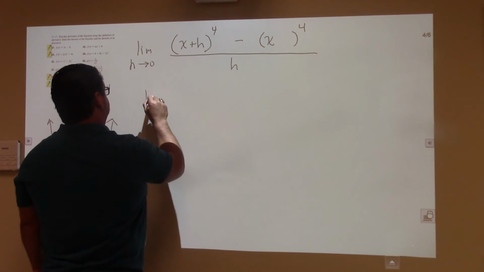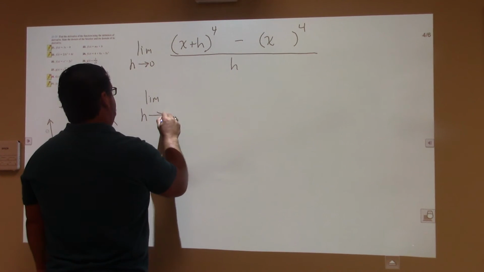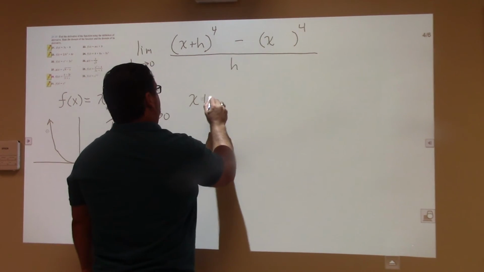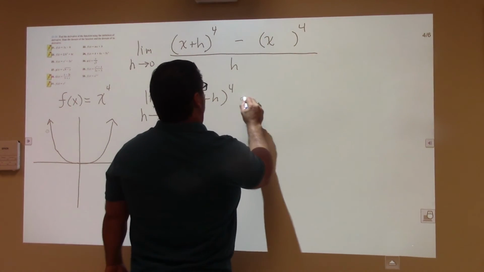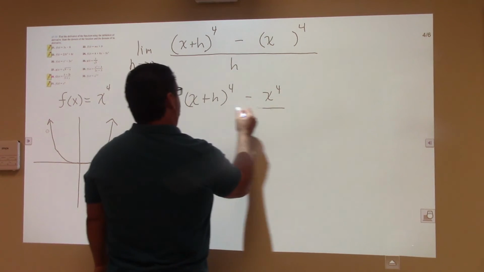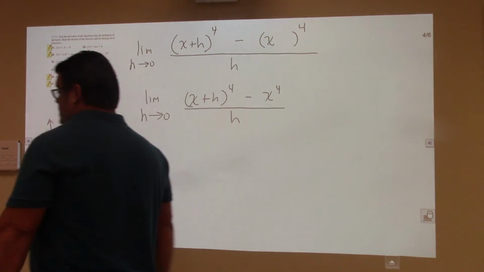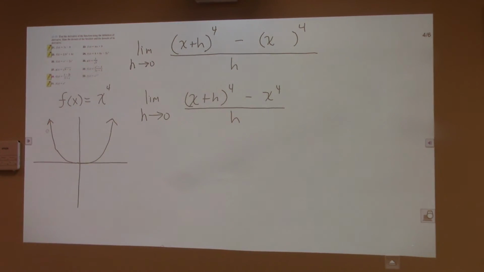Limit as h approaches 0 of x plus h to the fourth minus x to the fourth over h. Go ahead and work on that.